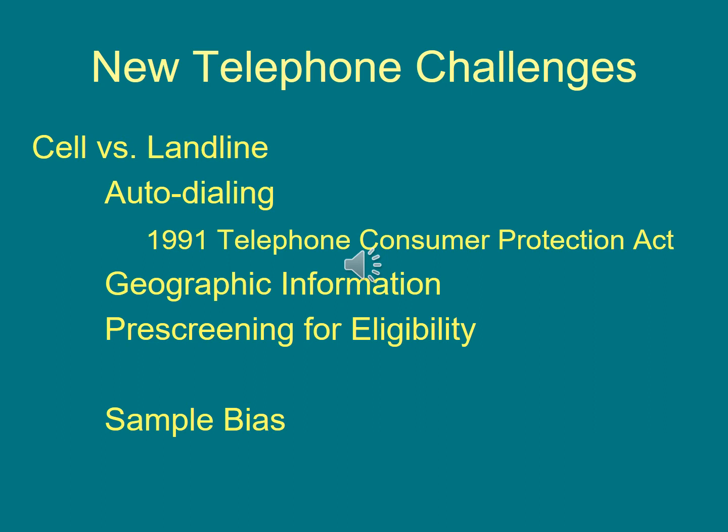So you get a lot more phone calls with cell phones where people turn out to be ineligible, and you only find that out after you've invested 5 minutes in talking to them. All of this greatly increases the costs for getting cell phone surveys, which introduces an interesting sample bias.